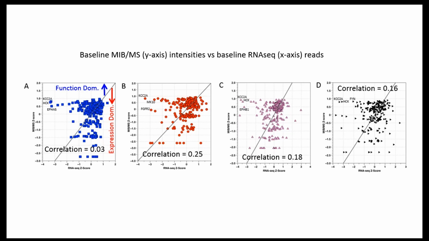So kinases would be, they would correlate with RNA expression. And you can see that there are many kinases in each subtype of breast cancer. So it's basal, claudin low, HER2, luminal. I don't have those labeled there.